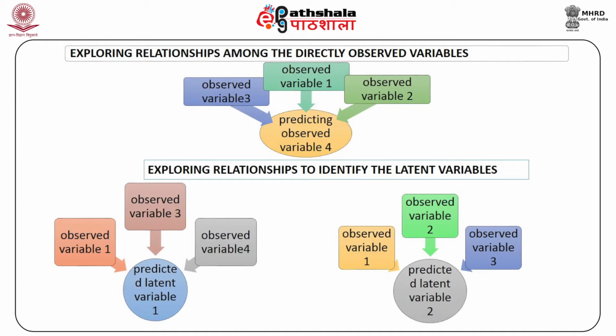There are three observed variables 1, 2 and 3 which help in predicting the observed variable 4. However, if we look at the remaining two panels of figure 1, we find that there are certain latent variables which have emerged out of the observed variables' relationships, and this is what we are going to study in the current module.